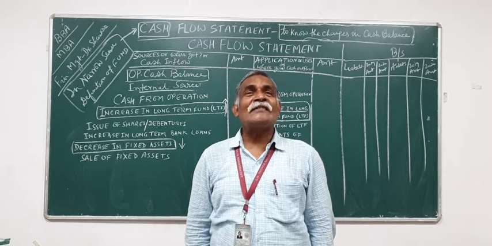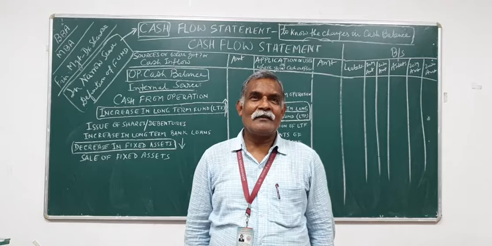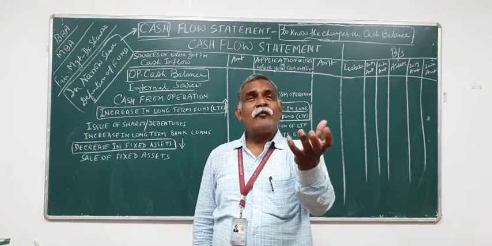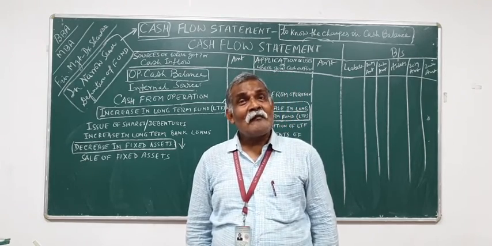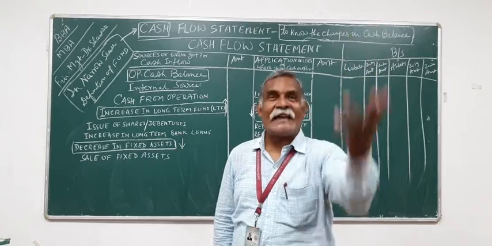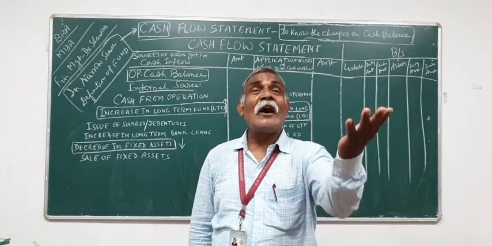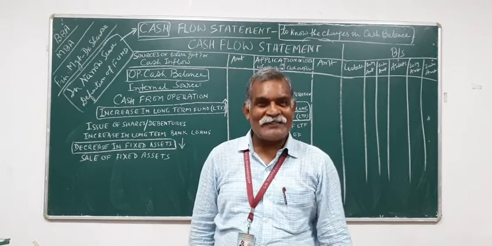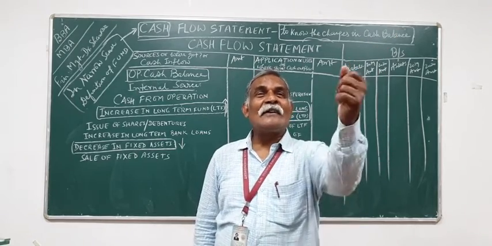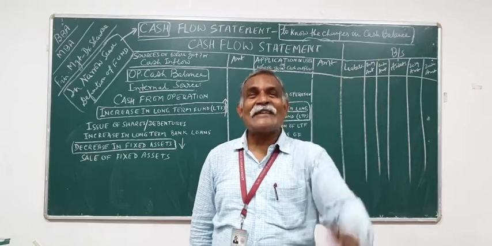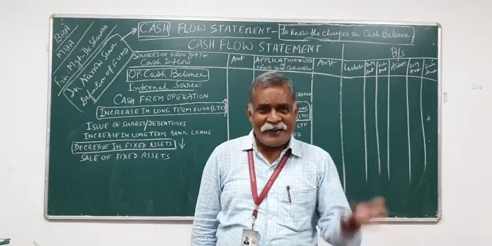So to run the business, the organization must have cash. So one side is from where you got the cash, that is source. Other end is where you will utilize the cash, where gone cash. The cash is gone for the purchase of fixed assets, to pay the interest, to pay the dividend, to pay the tax. Am I right? Very easy.